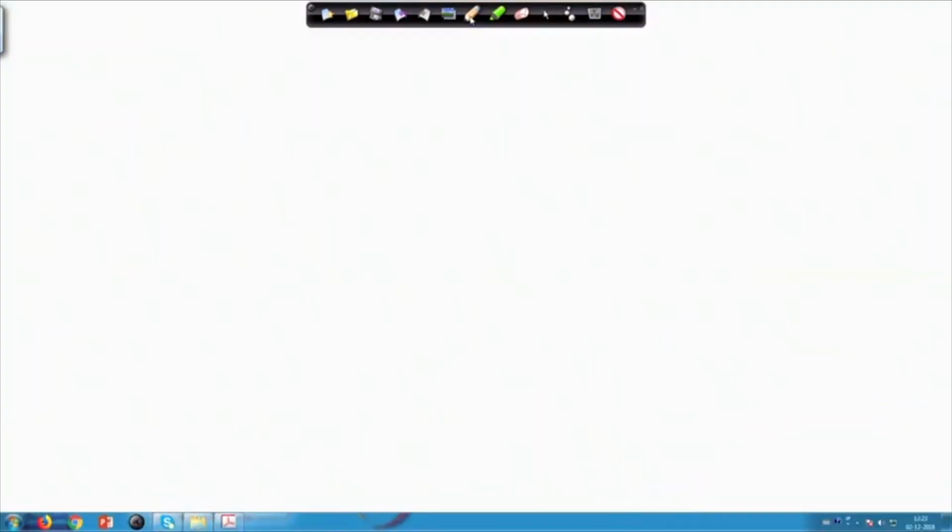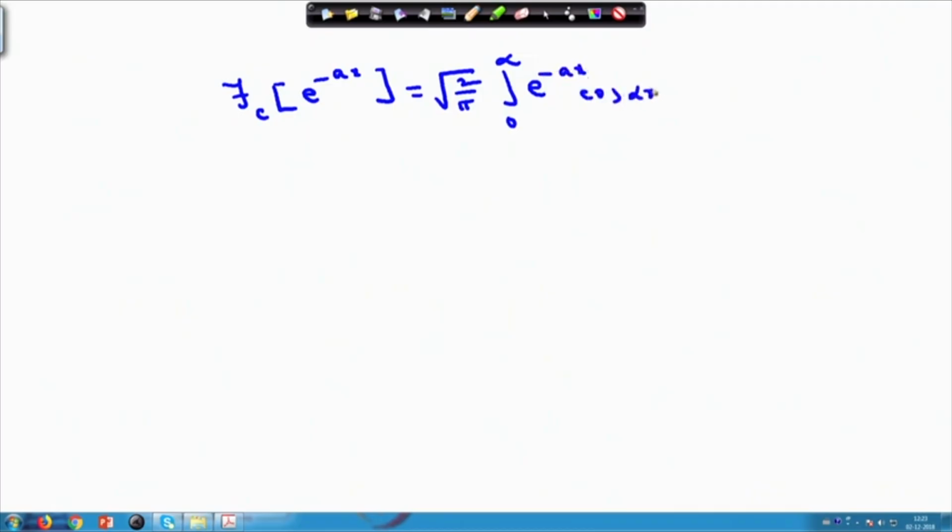So, following the same thing as we have done earlier, the Fourier cosine transform of e^(-ax) equals root over 2 by pi times the integral from 0 to infinity of e^(-ax) cos(alpha x) dx, and this value here, in the earlier case for sine it was alpha by (alpha square plus a square).